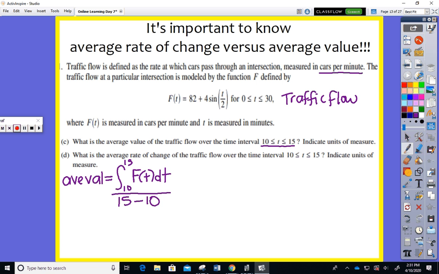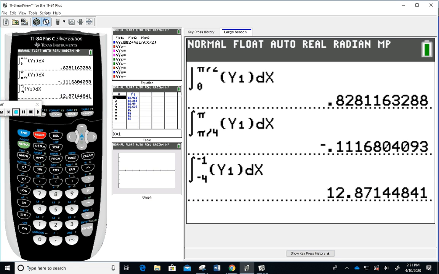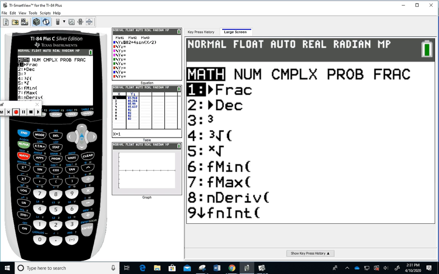If this is a calculator problem, then there is no reason for you to spend a bunch of time working this out. Once you set it up and you say, this is what I'm going to calculate, you can do the rest on your calculator. And we've already put this on our calculator. So what I'm going to do is use my function integrate command. So I've got the equation in my calculator. Let me quit and go to my home screen. Okay, so I want to go to math, and let's see here.